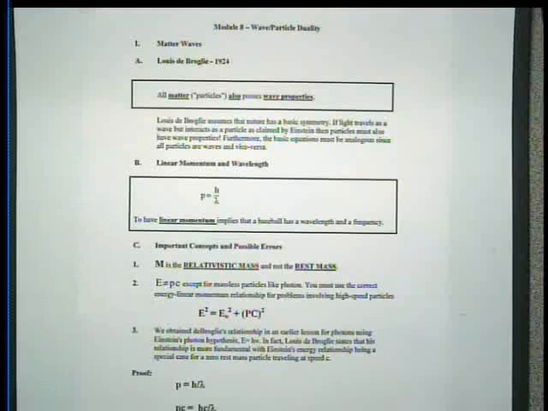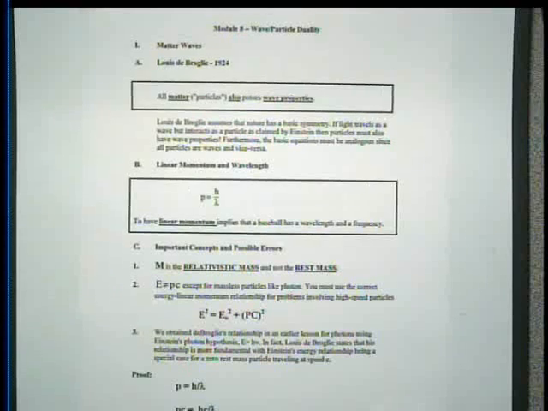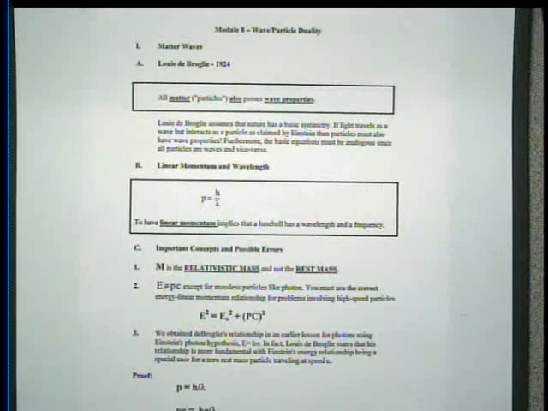A guy by the name of Louis de Broglie said nothing about the photon is special, and makes the following claim. All matter, by that I mean particles, also possess wave properties. They are dual. You only see one or the other property in any part of an experiment. But depending on which experiment you do, depends on which property you see. So for instance, the electron can go through two slits simultaneously because it is a wave.